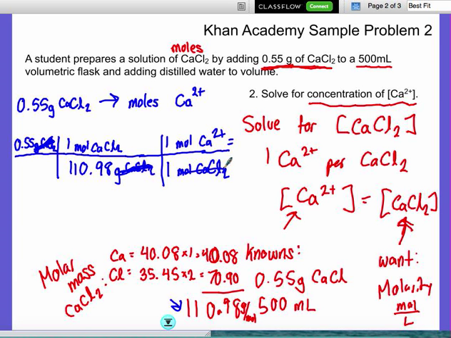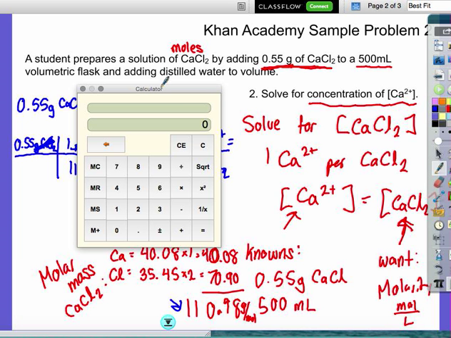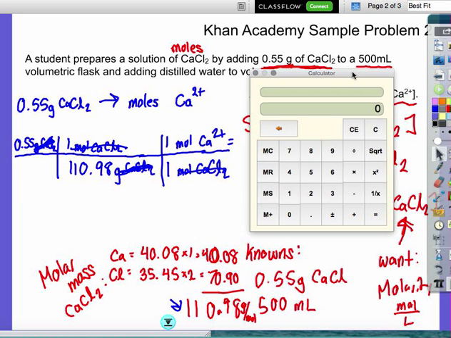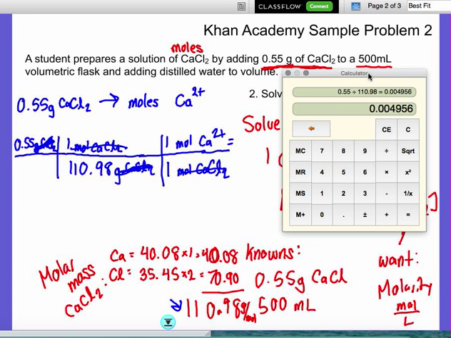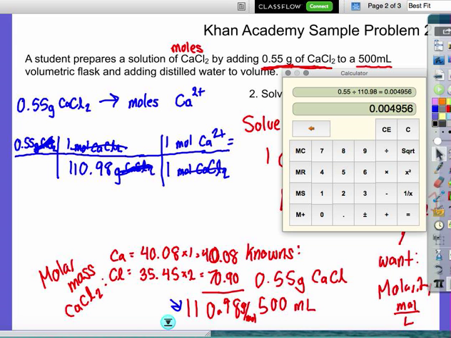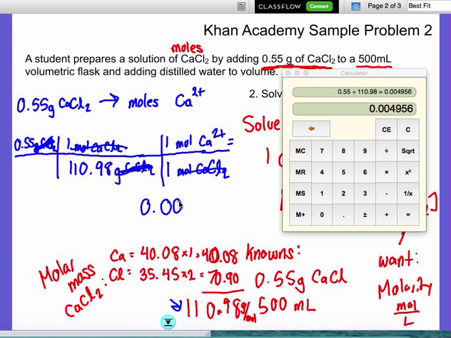That cancels out. And when you solve it, you get 0.55 times 1 times 1 divided by 110.98, which is 0.00495. We want to keep it to 2 significant digits. So we're going to say we had 0.0050 moles of Ca2+.